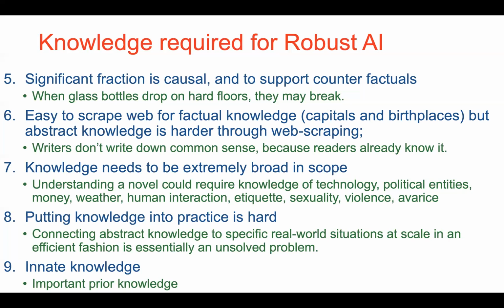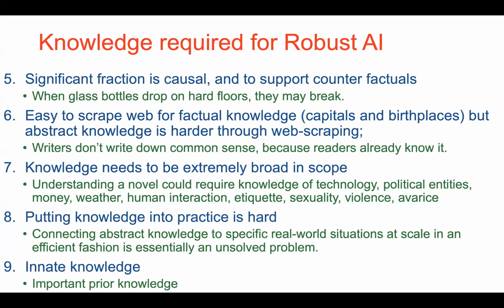Knowledge needs to be extremely broad in scope. Understanding a novel could require knowledge of technology, political entities, money, weather, human interaction, etiquette, sexuality, violence, avarice, and so on. Yeah, so the example that Gary Marcus gives here is about John Grisham's novel called The Firm.